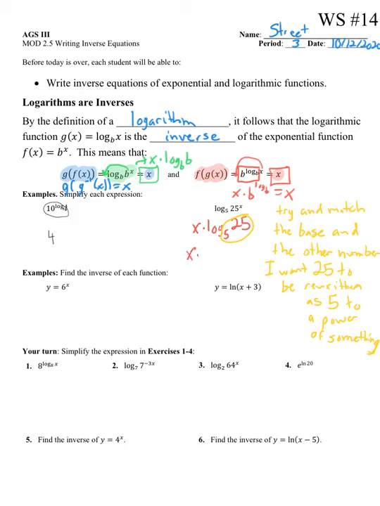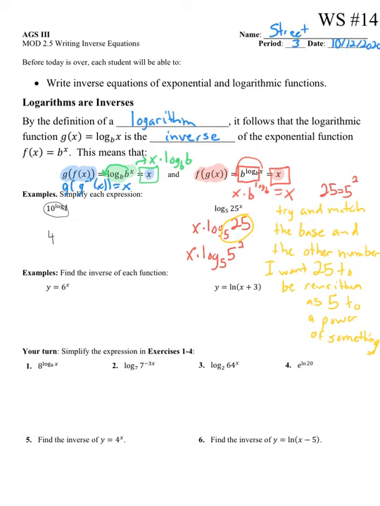So in this case, if I go to my calculator and try, 5 to the first power is 5, 5 to the second power is 25. I could actually rewrite 25 as 5 squared. That's the exact same number. 25 is 5 squared.